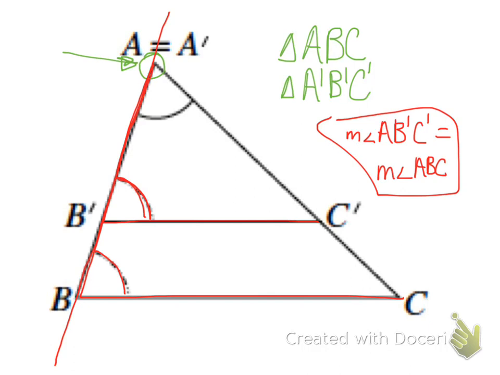And we know from our study of angles that these two angles would be corresponding angles, and if the corresponding angles are equal, then the lines that the transversal is cutting through are parallel. So I know that B'C' is parallel to BC, because if B'C' was not parallel to BC, then these two angles would have to be different. They could not be the same. So I know that those lines are parallel.